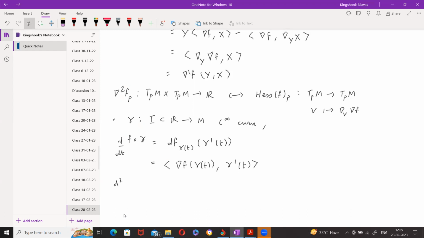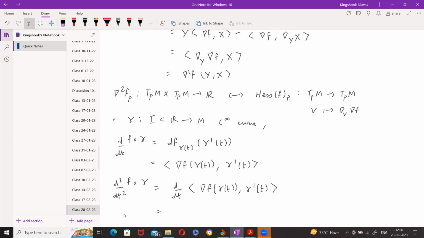If I look at d squared dt squared of f composed with gamma, this is going to be d dt of this inner product, but now by the metric compatibility, right?